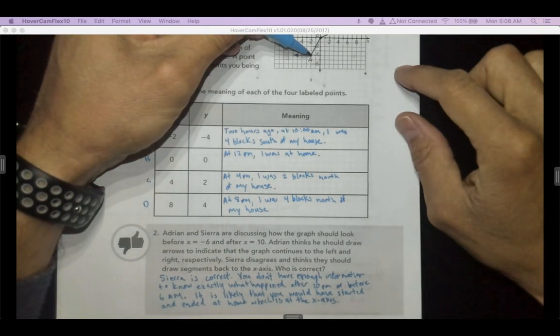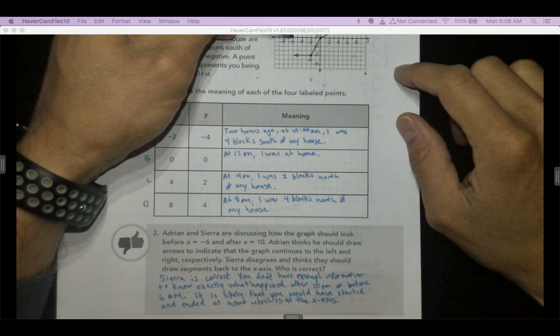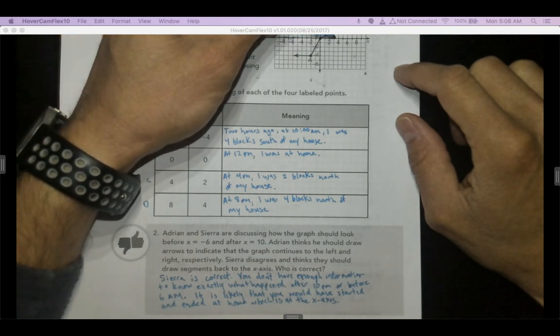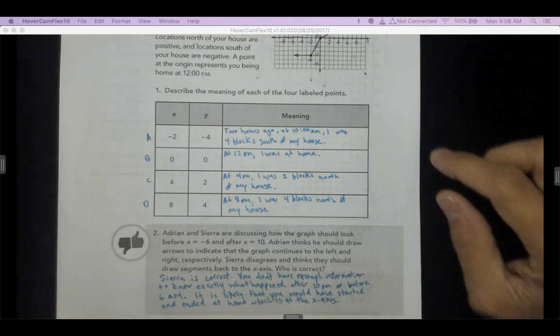So the line probably would have went back up to the x-axis right along here at the beginning of the day and at the end of the day.